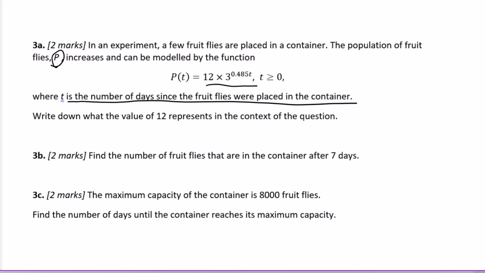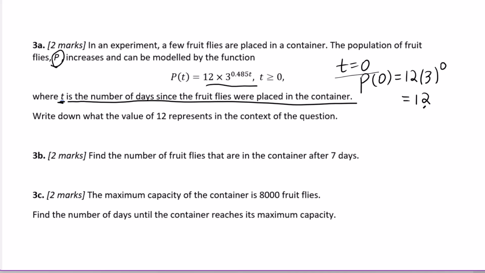We could say when t equals 0, P of 0 equals 12 times 3 to the 0 power equals 12, which means when t equals 0, P equals 12. Let's check what this t stands for.